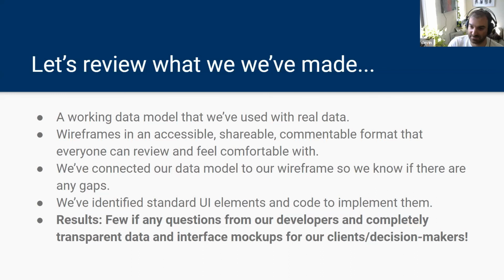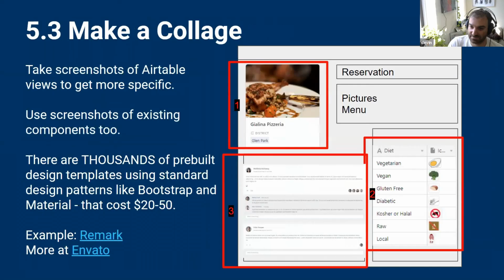And the whole point of this process is to deliver to the developer or your software team something that gives them the fewest questions possible about what needs to get built, and something that you can share with your team and decision makers that's 100% legible to them too.